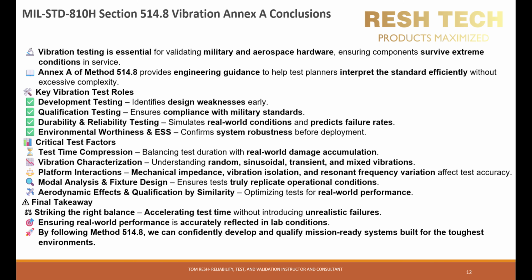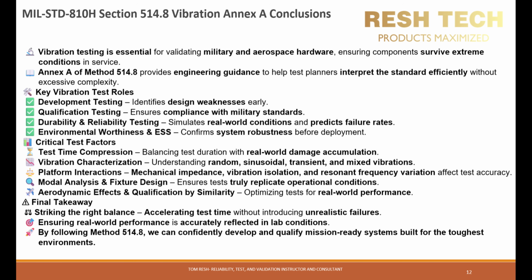Additionally, we examined key factors that influence test accuracy, such as test time compression, vibration characterization, and platform interactions. Proper modal analysis and fixture design ensure that the vibration test truly replicates operational conditions, while aerodynamic effects and qualification by similarity help optimize the test process.